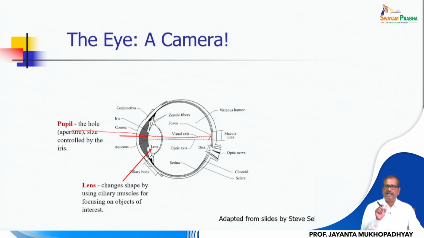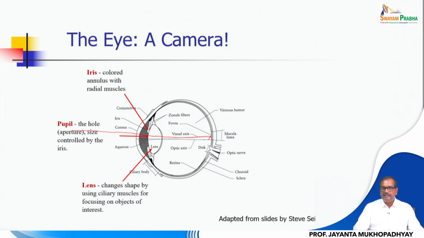Dilation of the pupil will increase the aperture. Controlling both the focus of the lens and the aperture, we have the iris, the muscles which control this. Anyway, through this opening the energy comes and falls on our retina.